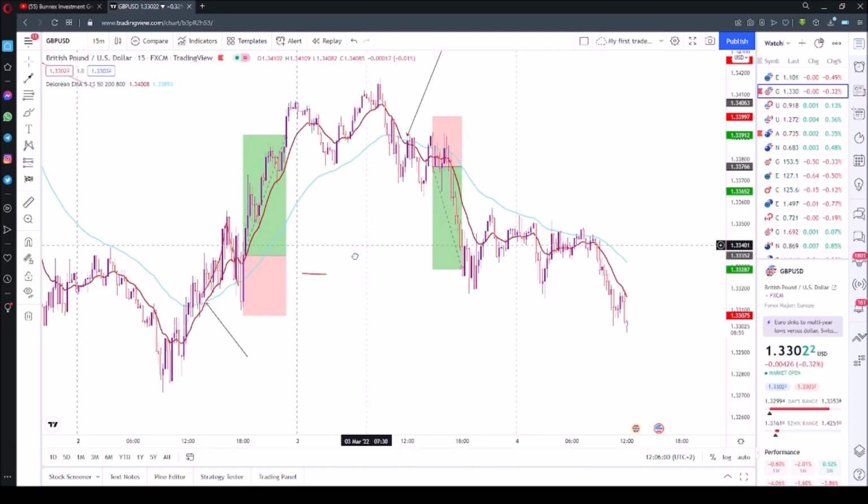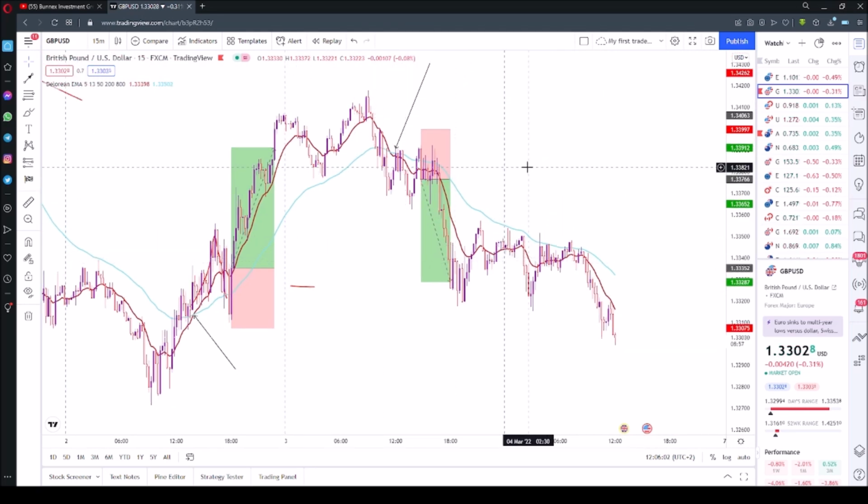Then this trade also took place around the US session period, and I've also signified this crossover with this arrow. The market went down and came back to the 50 EMA, and candle closure below 13 gave us this move.